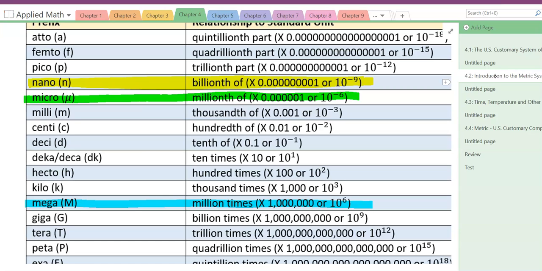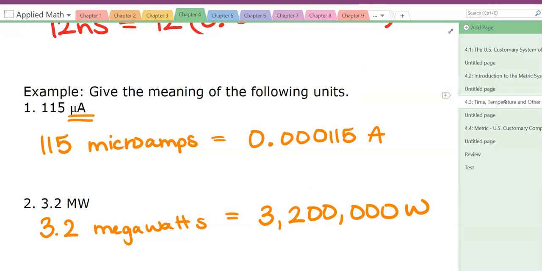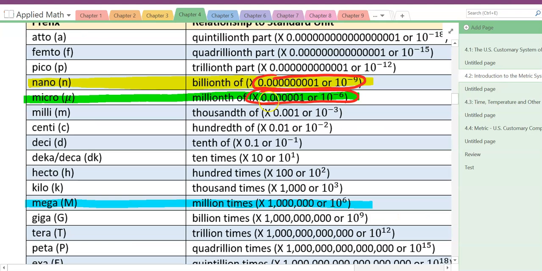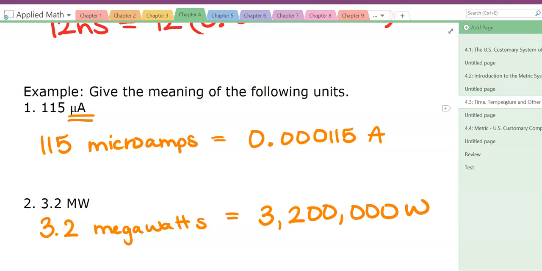And it does tell you right here what to multiply by. This has got the decimal. This says times, and then it's got your zeros with all those decimals. So that's where I got those numbers from, in case you weren't following that. So like this is taking 115 times 0.000001. That's where that would come from. So that's how I got that number there. Okay?